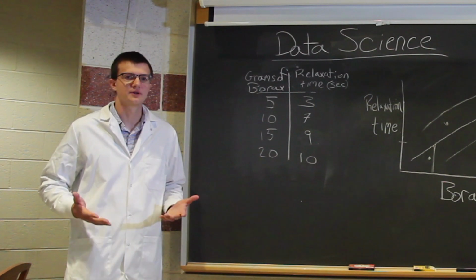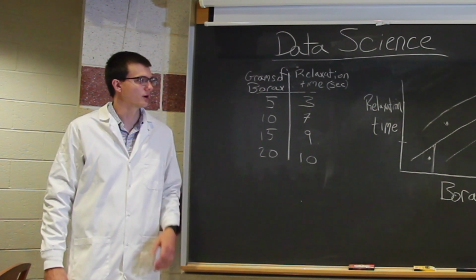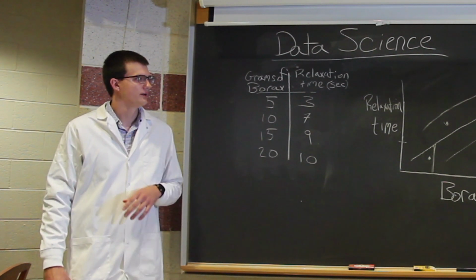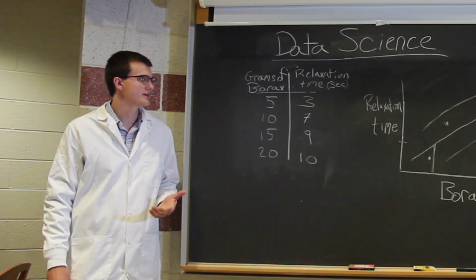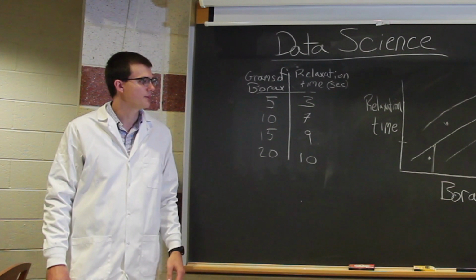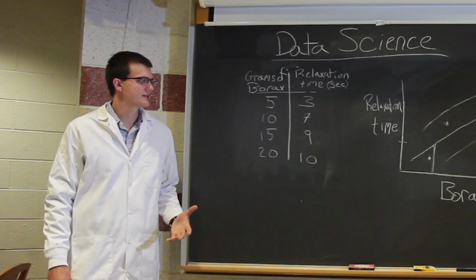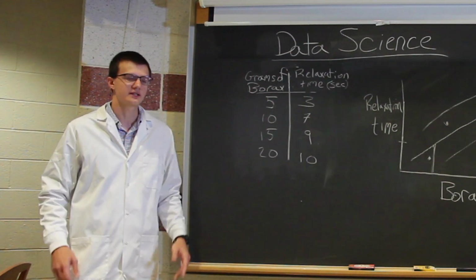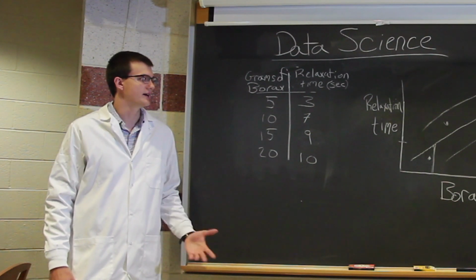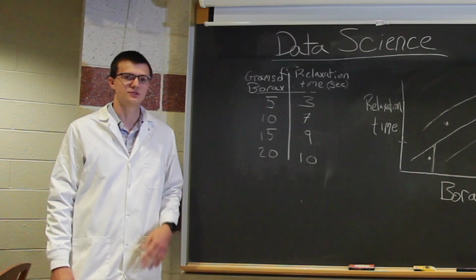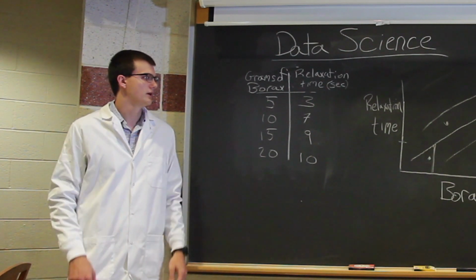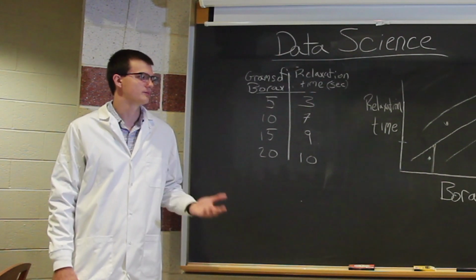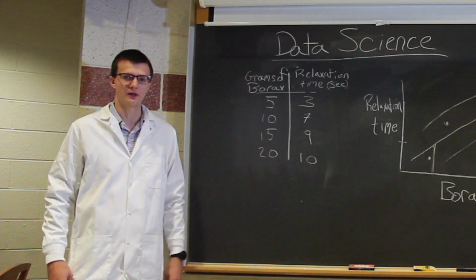In lots of the chemical systems that we use, there are plenty of components in there. You might be interested in many other aspects of the properties of the system other than just the relaxation time. And so for those types of systems, we can also use a lot more complex data science algorithms in order to do a similar analysis as this, but just to predict multiple properties and use multiple inputs as well.